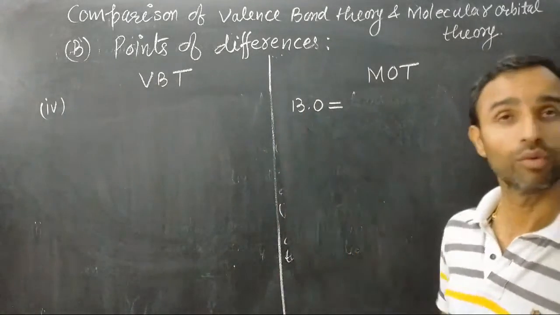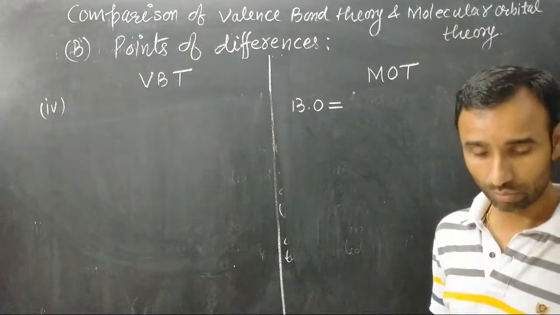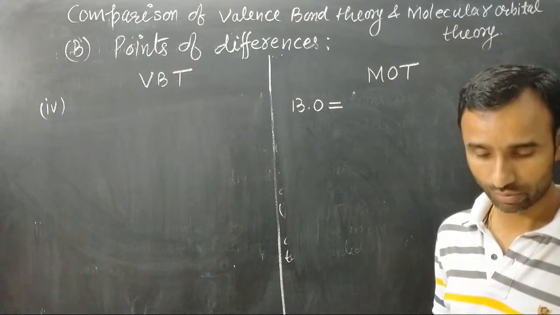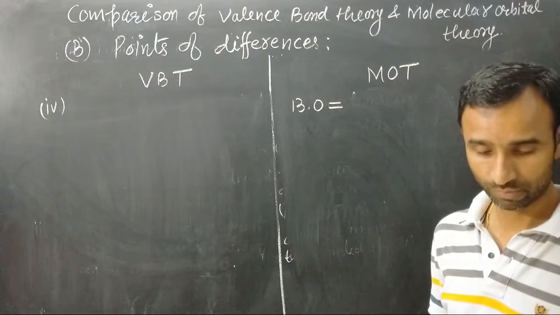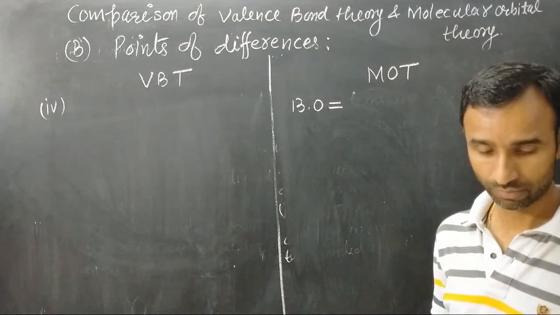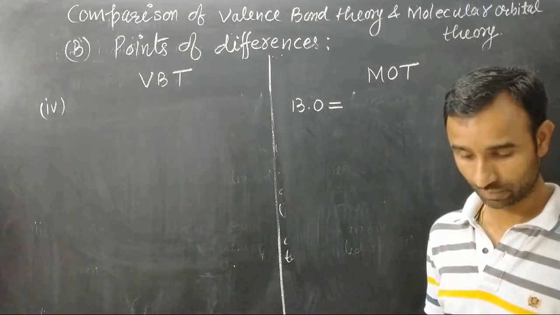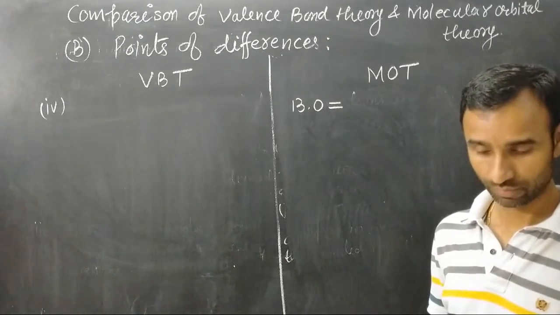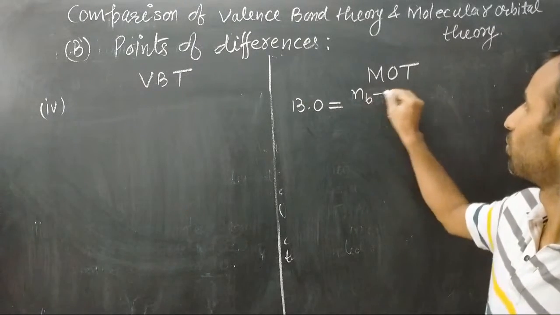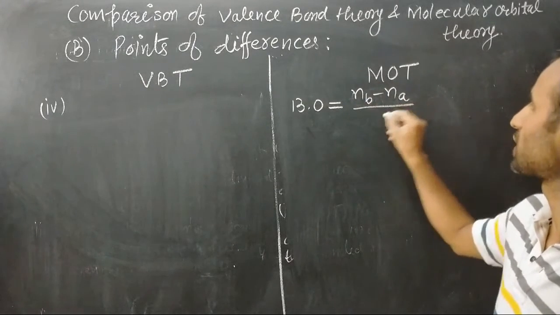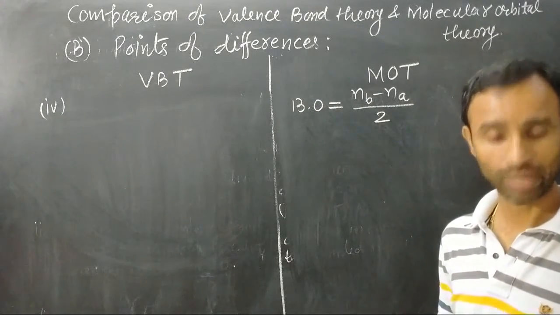According to molecular orbital theory, bond order is equal to the number of bonding electrons minus anti-bonding divided by 2. Have you gone through this formula?